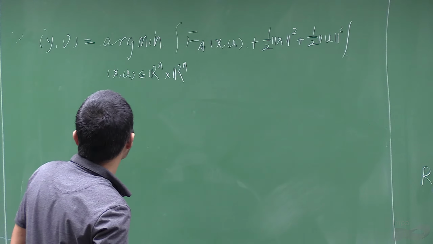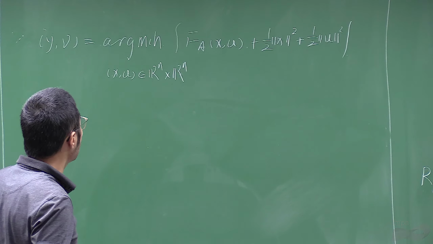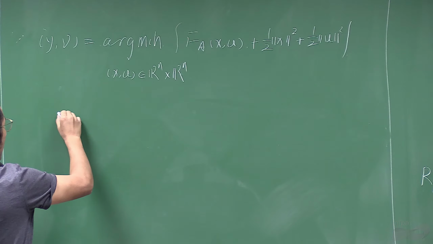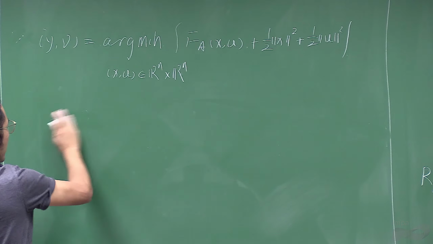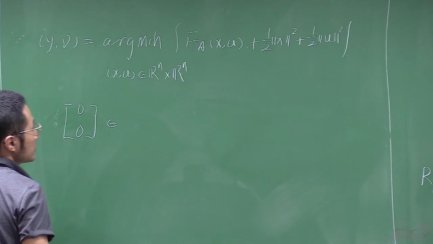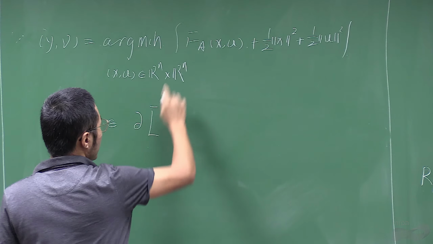Okay, so the optimality condition of this problem is that 0 belongs to a subgradient of this function.